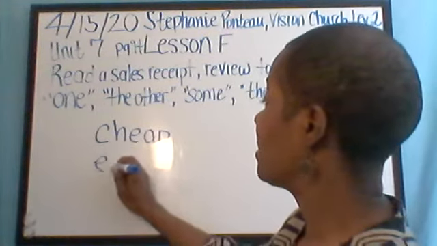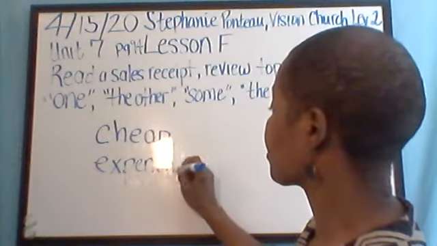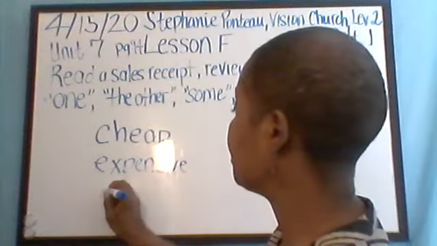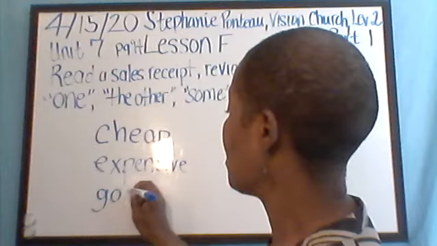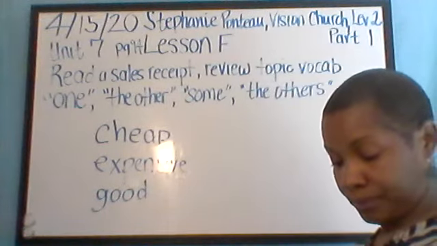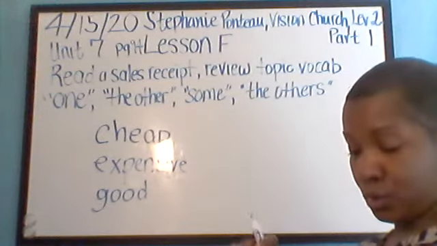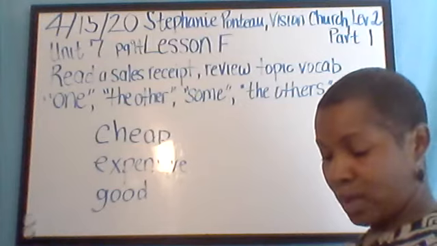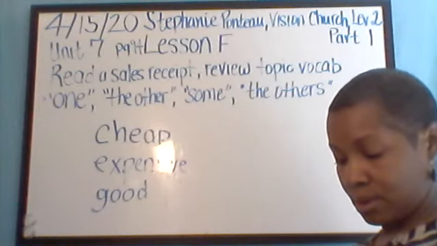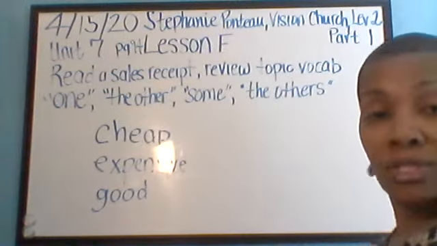So cheap, expensive, and good. All right, so this is just a quick review of superlatives. Cheap, expensive, good. Now, what's the superlative form of these adjectives? Cheap, what's the superlative form?